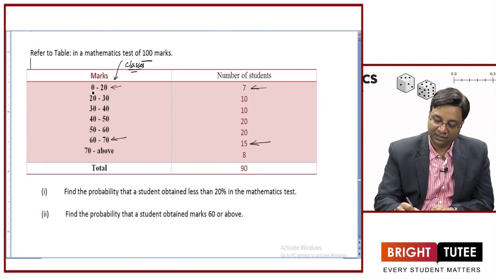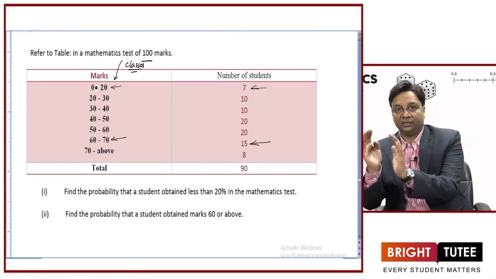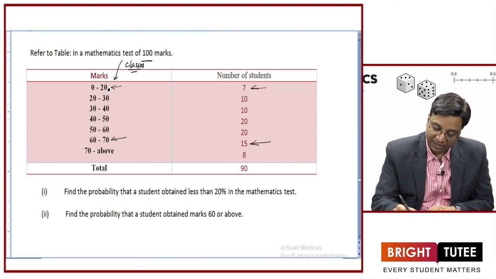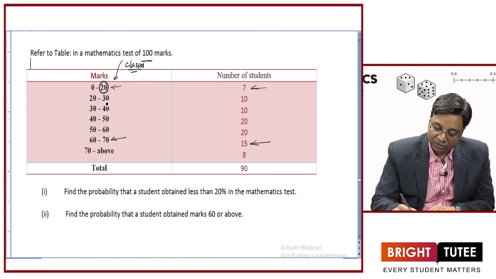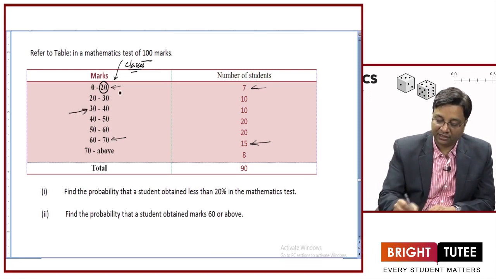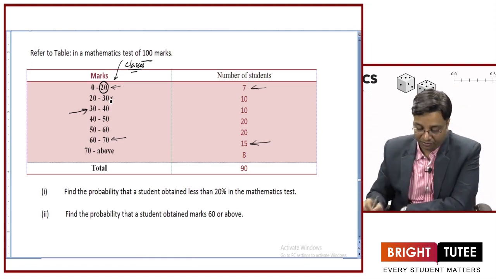What is a class? That 0 to 20 marks is a particular class, 20 to 30 marks is another class. So when it is distributed in this class distribution form, this upper limit is not included in this class. What do I mean by it? That students who have obtained 30 marks are counted in this class and not in this one. Okay, so this is one set of information.